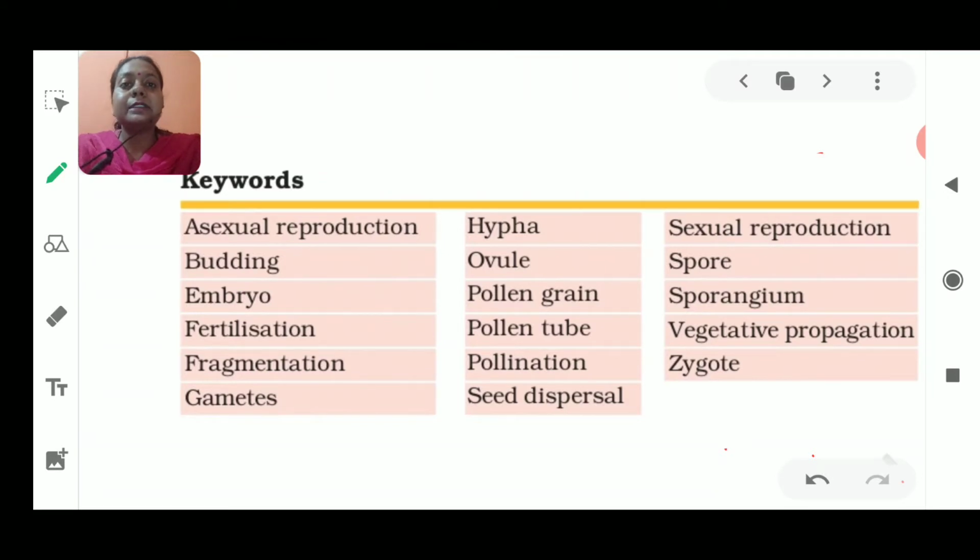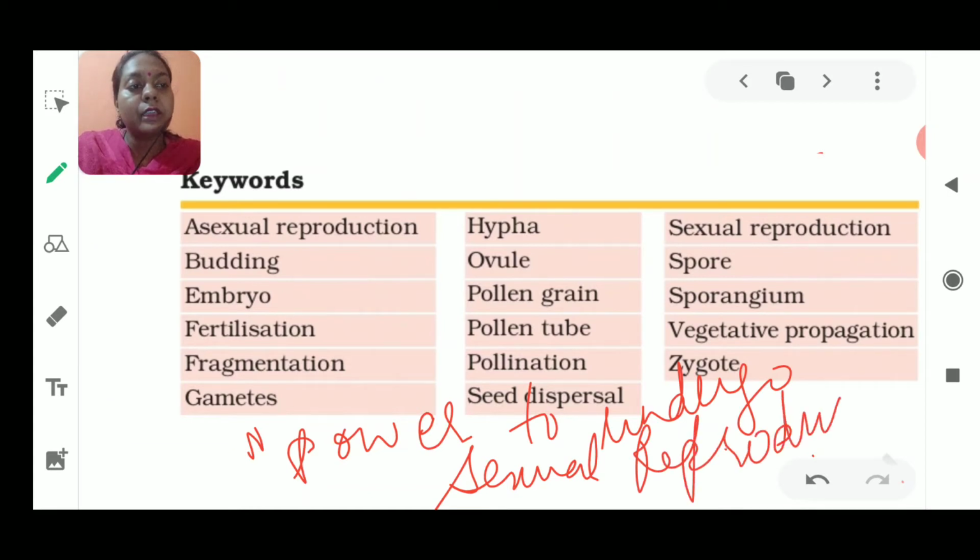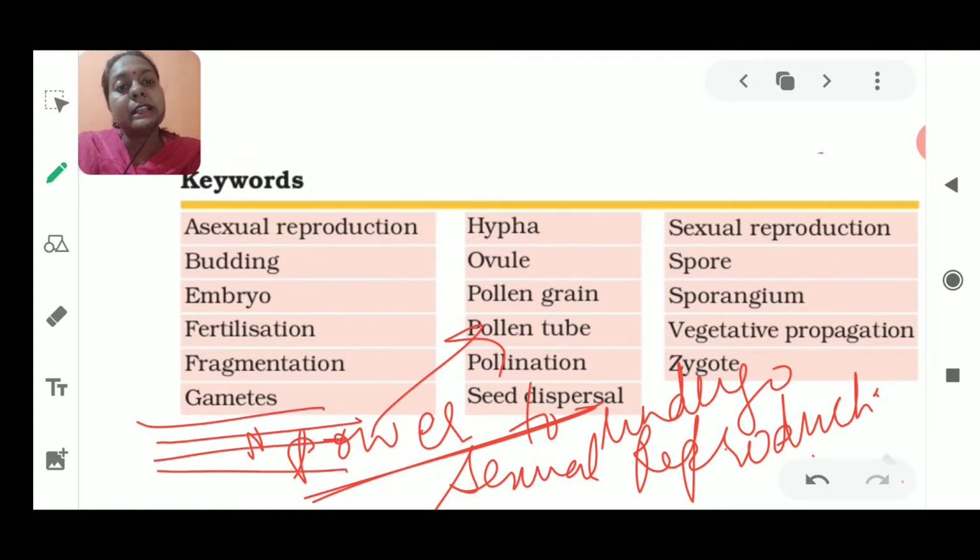These are special cells which have the power to undergo sexual reproduction. Okay, so they have the capacity to form a new plant with the help of a seed. These gametes are the cells which participate in the sexual mode of reproduction, and they are going to give rise to a new plant species after fertilization.